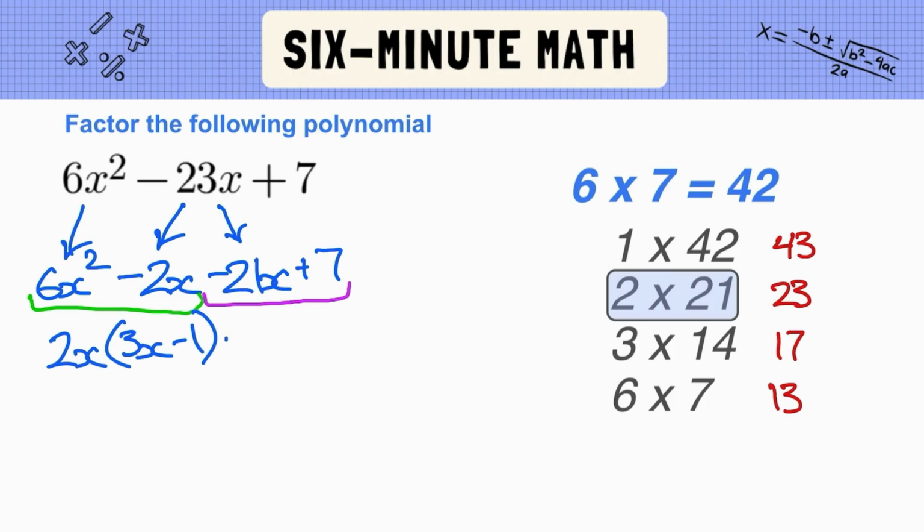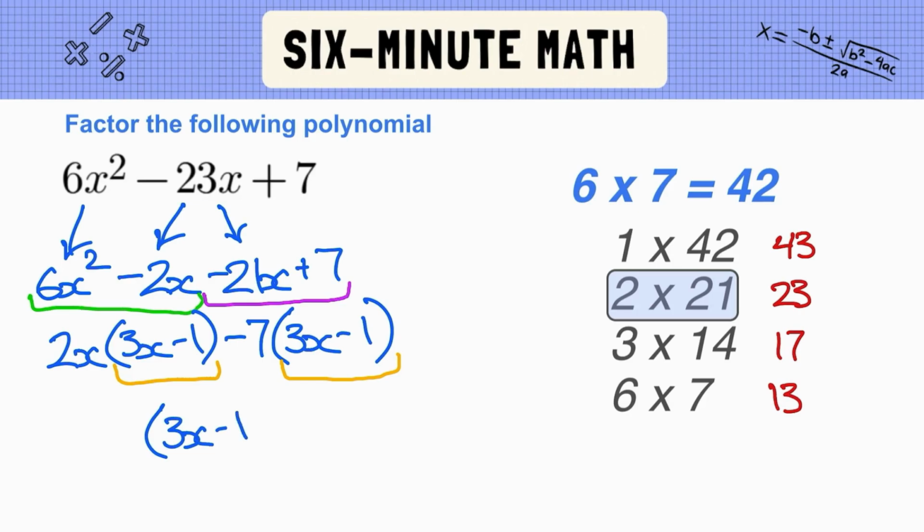I'm actually going to take out a negative 7 as my greatest common factor, and I'm left with 3x minus 1. Let's take out that common binomial of 3x minus 1. And what do I have left as my second binomial but 2x minus 7?